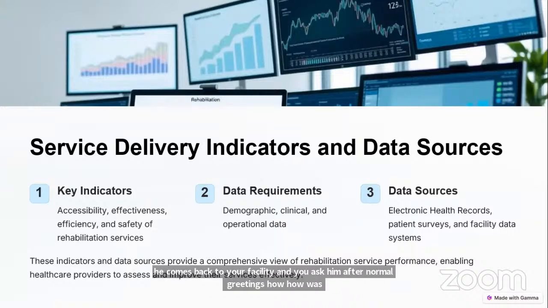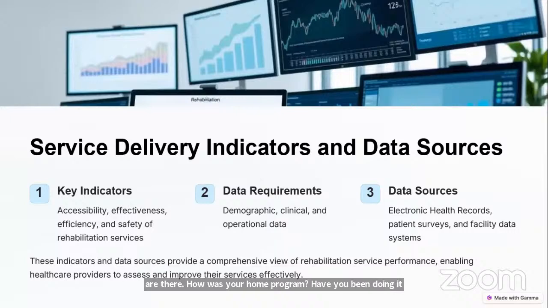How was your home program? Have you been doing it? The answer will always be yes. However, if you ask them to demonstrate exactly what you asked them to do, you will see signs of either lack of adherence or some key aspects missing.